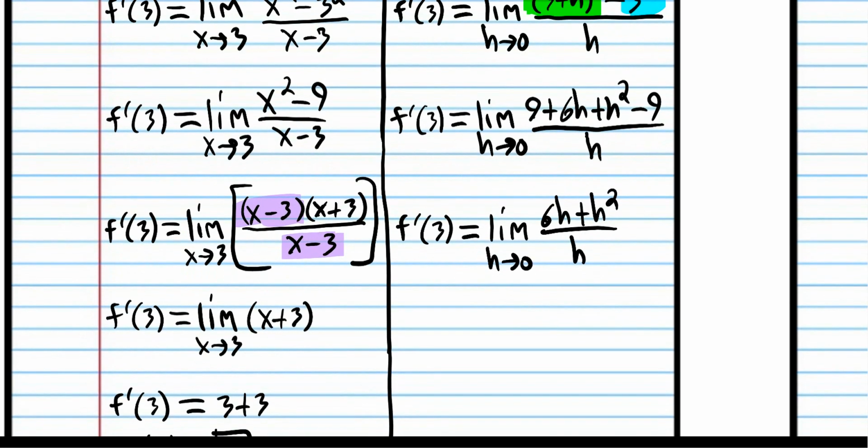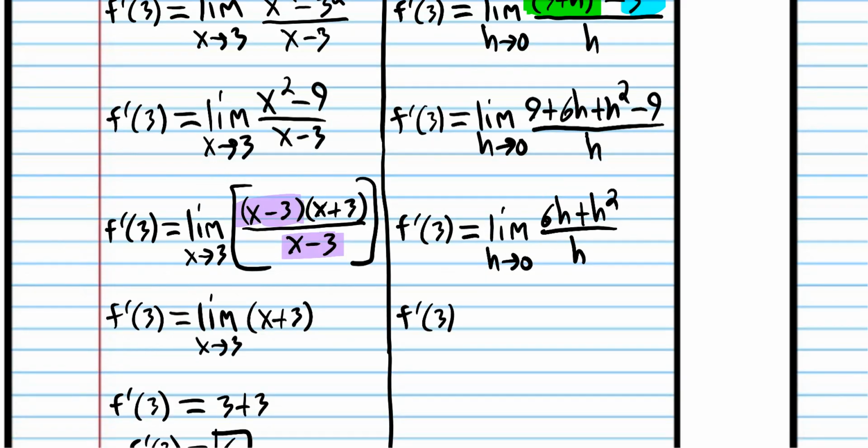And we have a polynomial divided by a monomial, and we could factor out the GCF and then cancel out the h's, but when you have a polynomial divided by a monomial, you can just divide each term. It's not really necessary to factor it out. That takes longer. So we have 6 plus h. 6h divided by h is 6, and h squared divided by h is h.